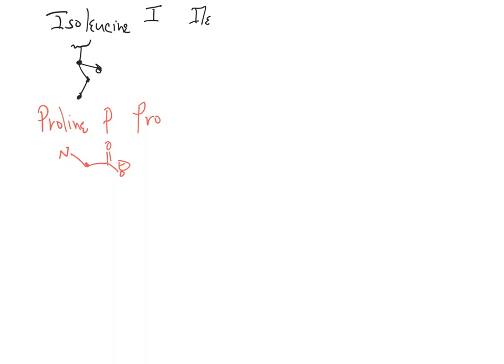Proline, why it's special, or one reason why it's special, is its R group is the only one that doubles back and connects to the backbone in two places. So it's cyclical. The way that I remember it, that's why I always draw it this way, is it has 1, 2, 3 carbons and is bound back to that nitrogen.